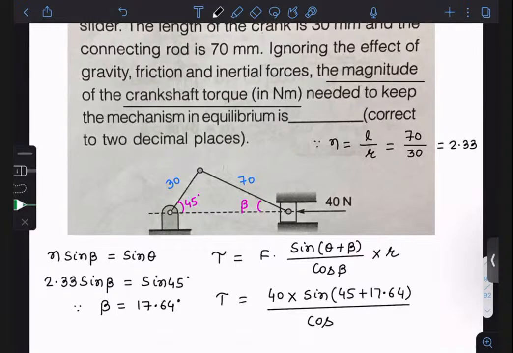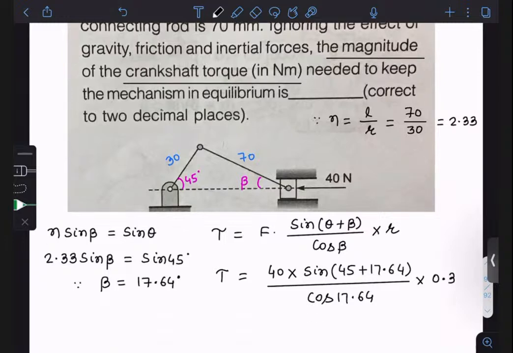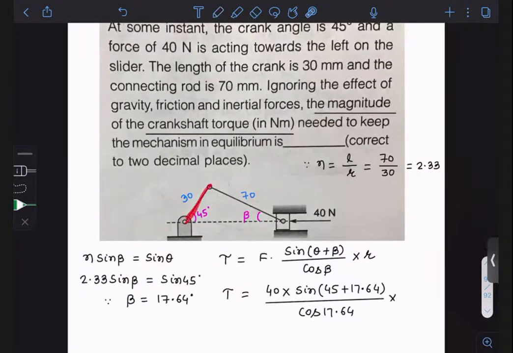Beta is 17.64 and radius is 0.3, right? Because it is 30 mm, so sorry, 0.03. 30 mm, this is your crank radius. So 30 into 10 to the power -3.